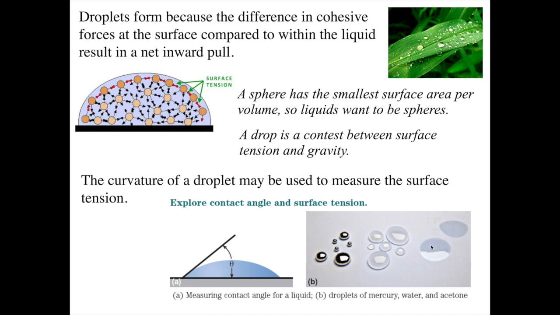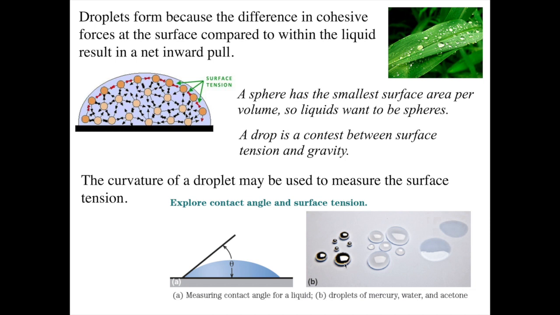The surface tension isn't high, so the liquid does not pull itself into a sphere as readily as the other liquids with a greater surface tension. This is one way you can measure surface tension, by measuring the contact angle of the droplet on the surface.